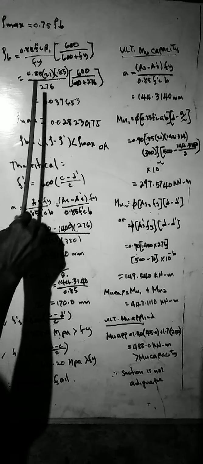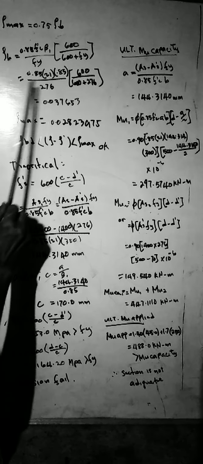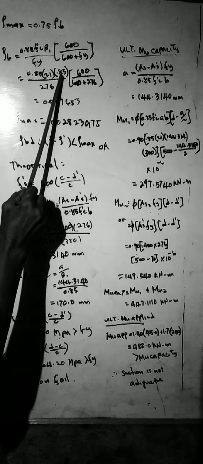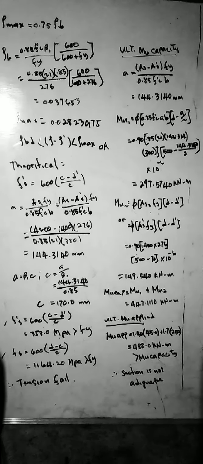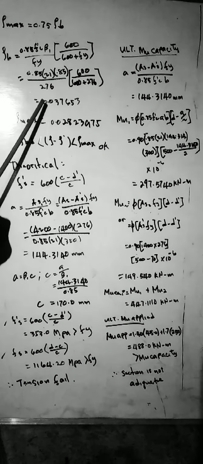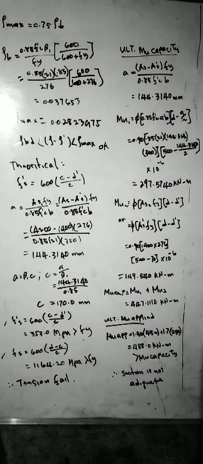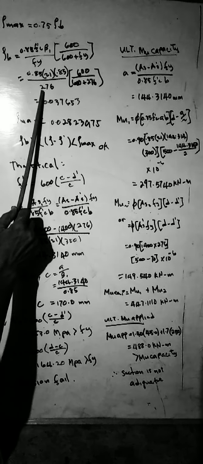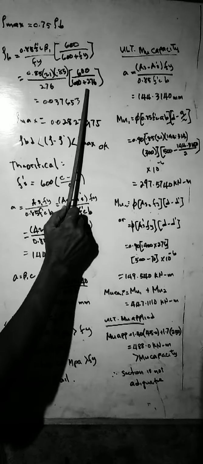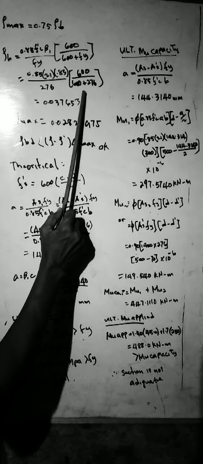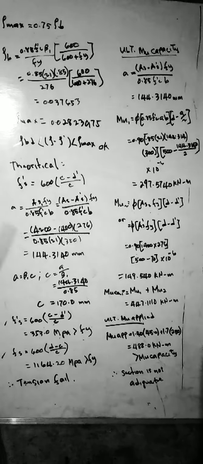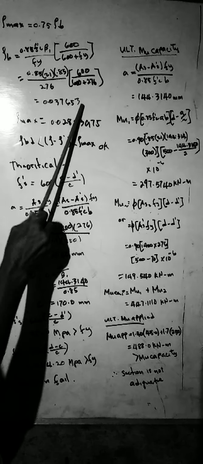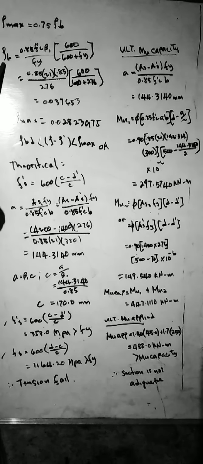Okay, substituting all the values, this f'c is 21, beta sub 1 is 0.85 since the value of f'c is less than 30 megapascal. And this is over fy 276 times this quantity 600 over 600 plus 276. And this must be 0.037653, the value of the rho balance.